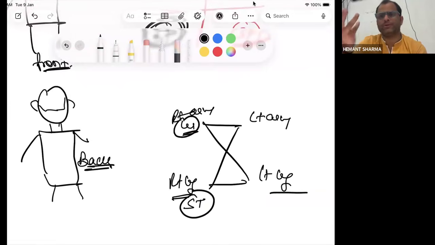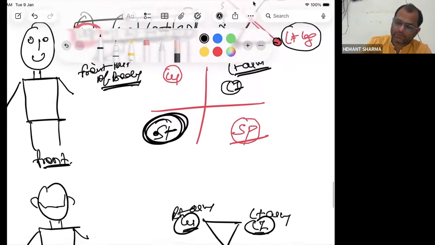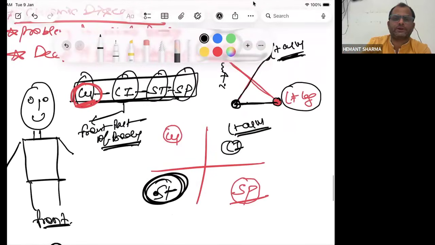Lung and stomach cannot balance each other. On the other side, the large intestine and the spleen are also different. They don't have any connection. So our cross pattern is perfectly working. In this way, we have to plan the treatment.